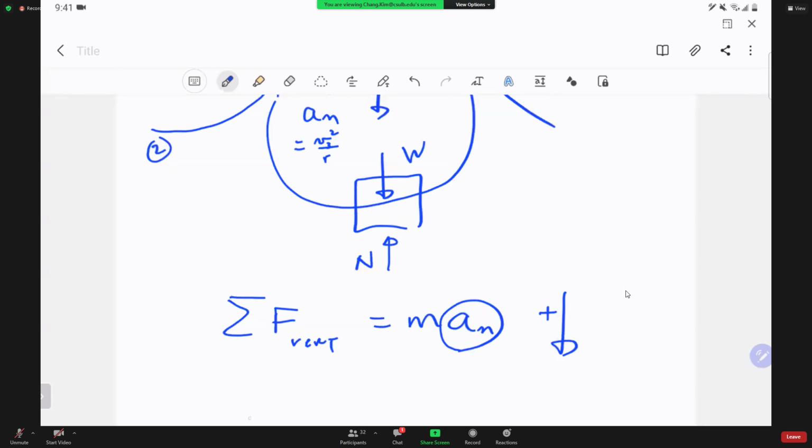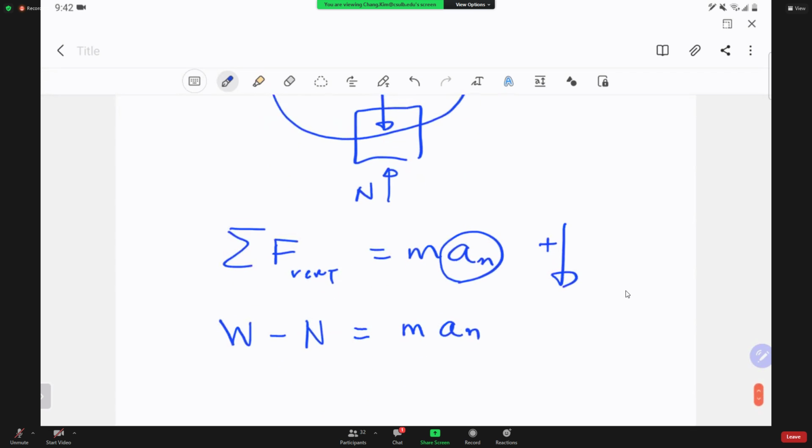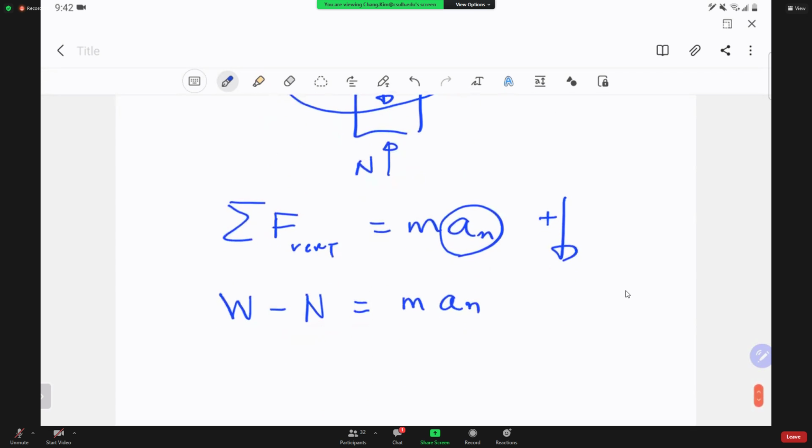In this case, the weight is pressing down, and the normal force is upward and is equal to m times a_n.